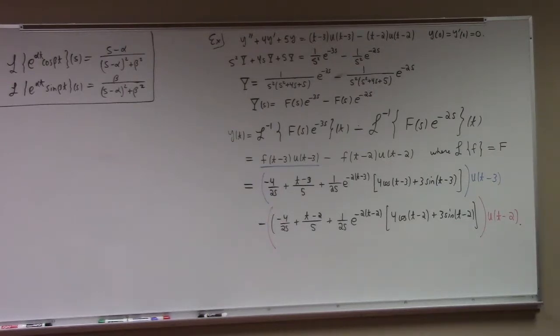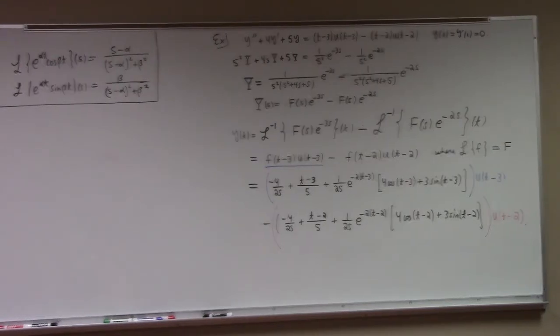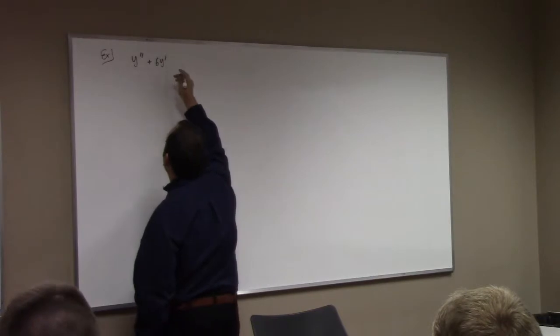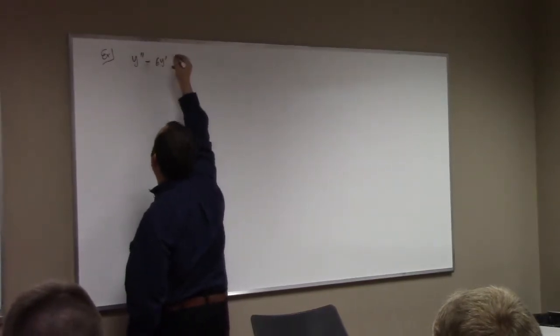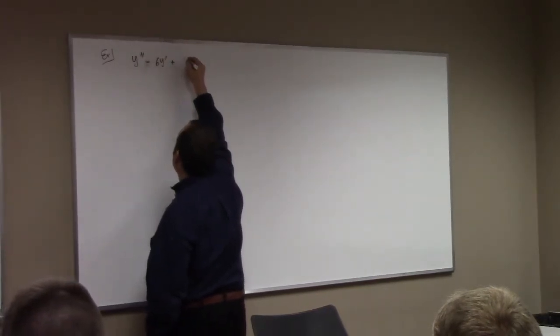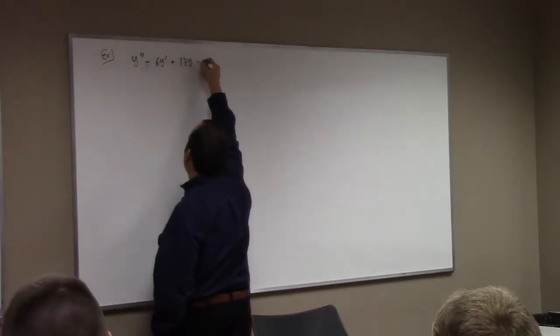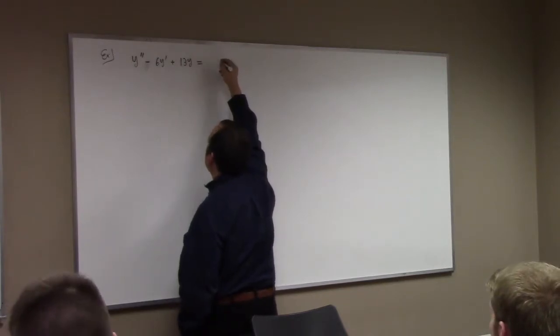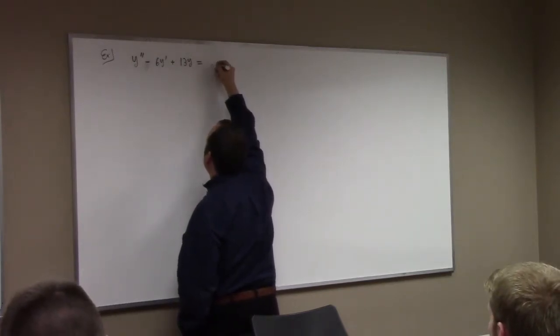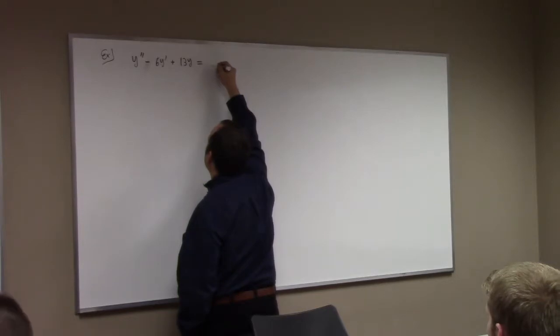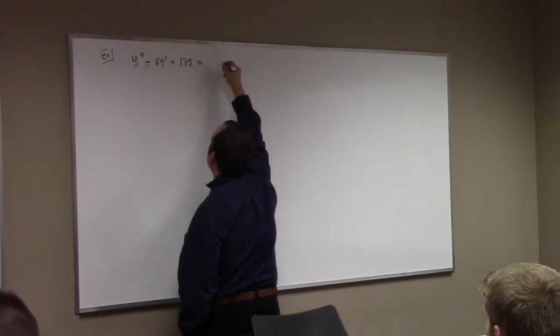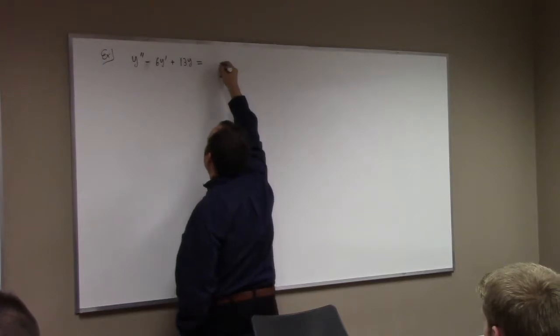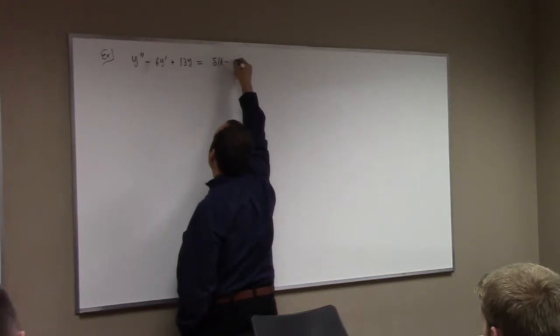Let's look at y double prime minus 6y prime plus 13y equals, I was going to make it easy, so the Dirac delta of t minus 3.